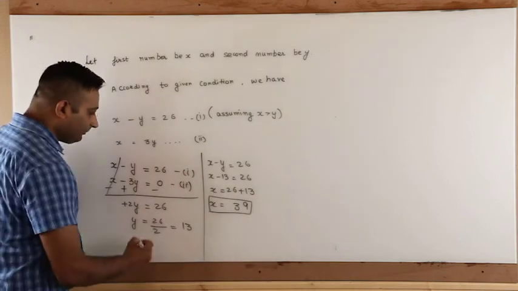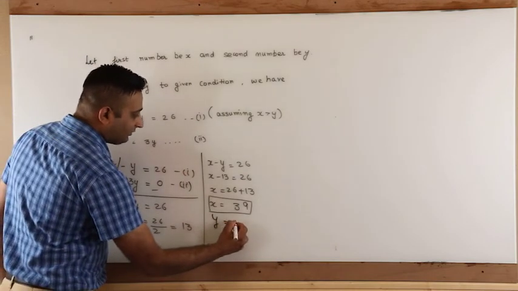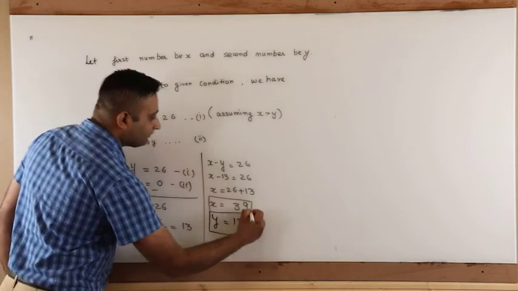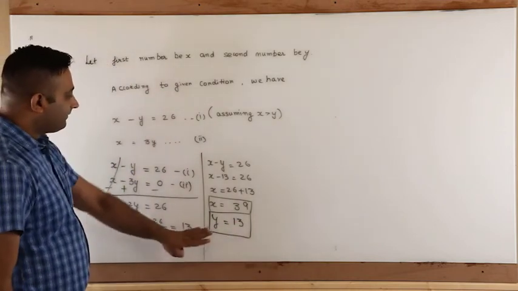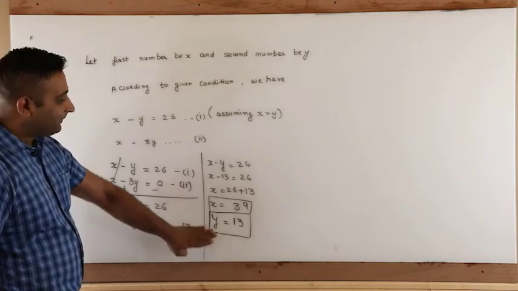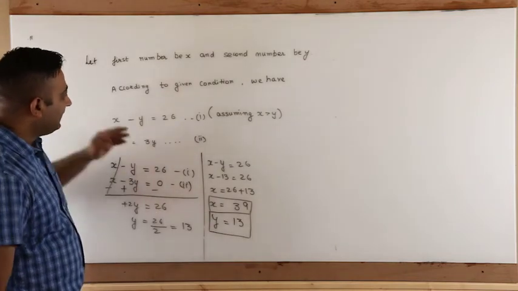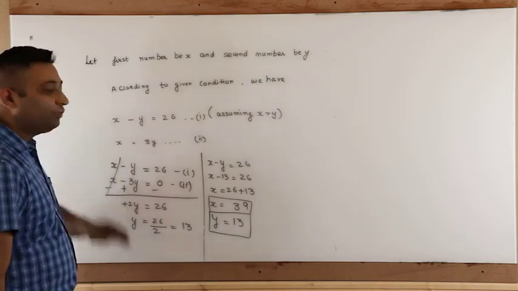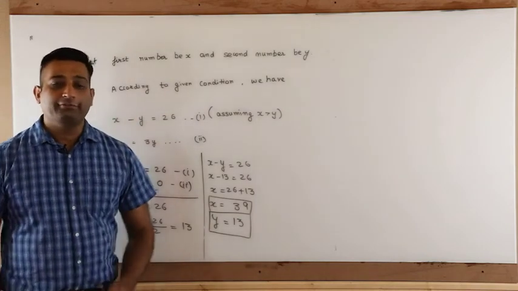These are the two numbers. x is equal to 39 and y is equal to 13. So if we want to check that these are the two numbers satisfying these two conditions, we can put the values of x and y in these two equations to verify this. Dear students, let us solve some other problems.